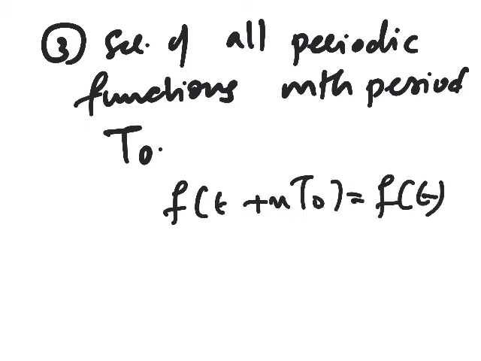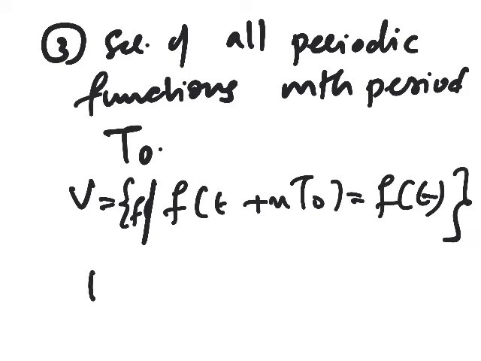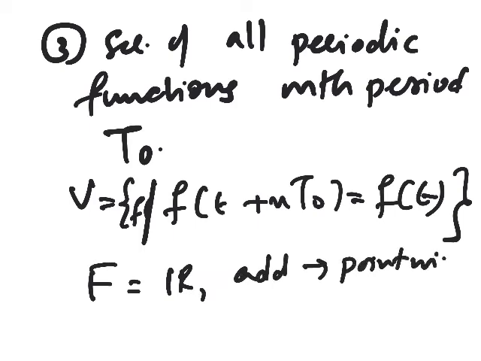So this is my vector space V. V is the set of all f such that this is true. And the field is R. Addition is point-wise addition, and scalar multiplication is scaling, just scaling by a real number.